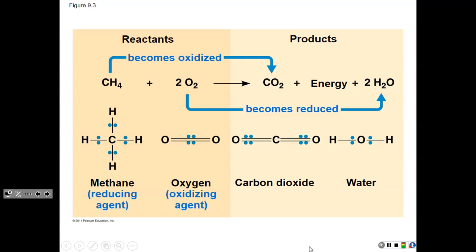What's happening is something is being oxidized and something is being reduced. When you talk about a redox reaction, one of the things is a reducing agent, the other an oxidizing agent. Notice how for the reactants here on the left side of this equation, all of those electrons are high energy electrons.